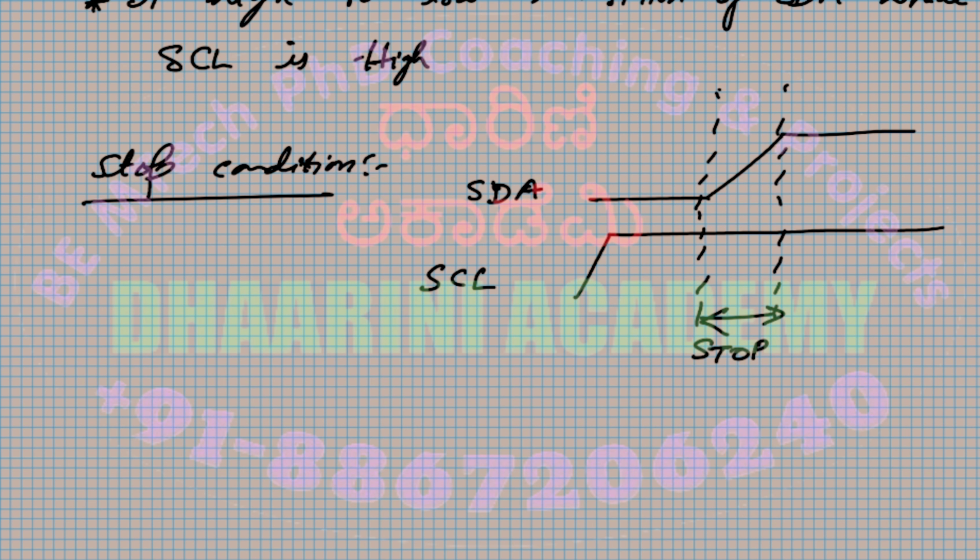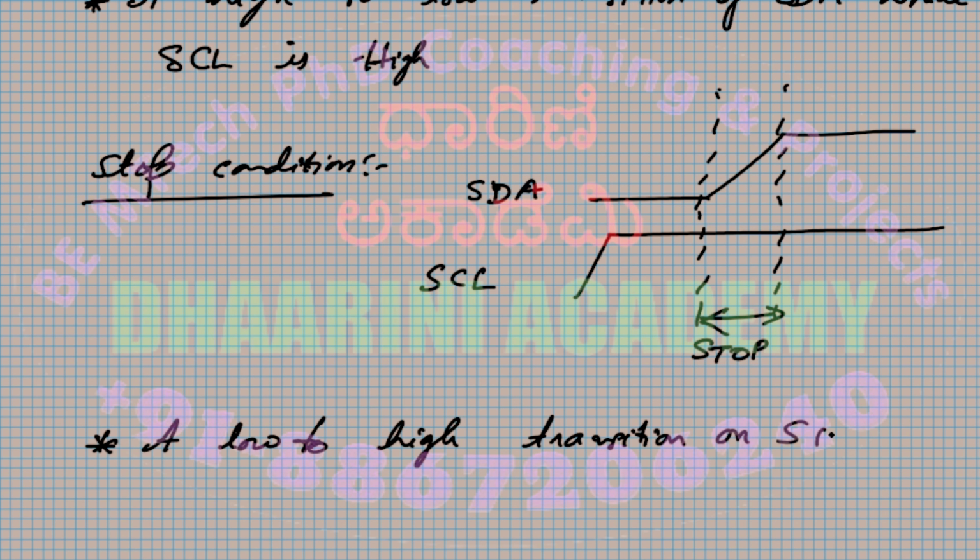Who is responsible for this? The master is responsible. Now I'll write the condition: a low to high transition is required on SDA when SCL is high. That is the condition.